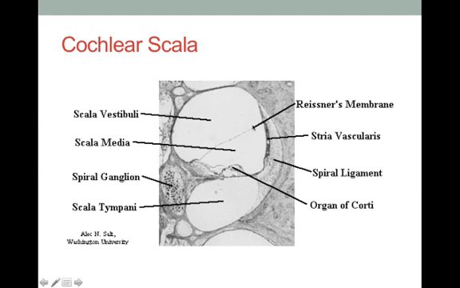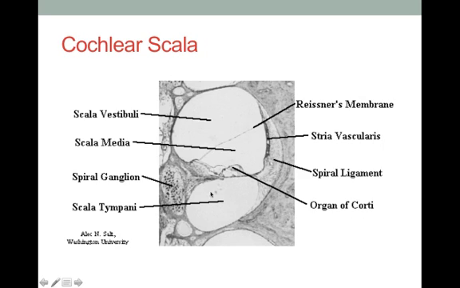So there are two important membranes that separate the scala media from the scala vestibuli in the top and the scala tympani in the bottom, namely the Reissner's membrane that separates the scala vestibuli from the scala media, and then the basilar membrane that separates the scala tympani from the scala media.